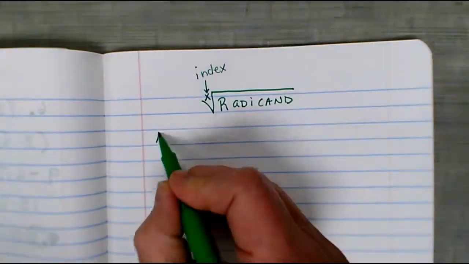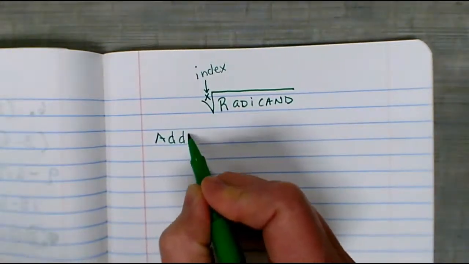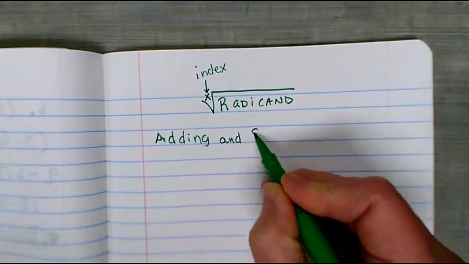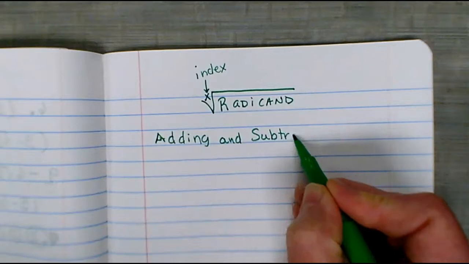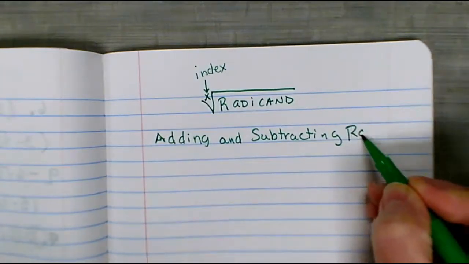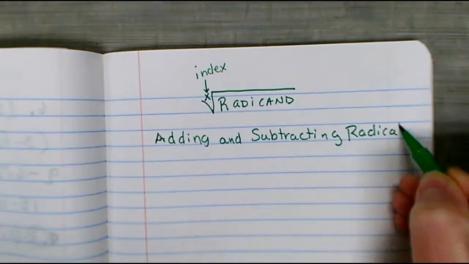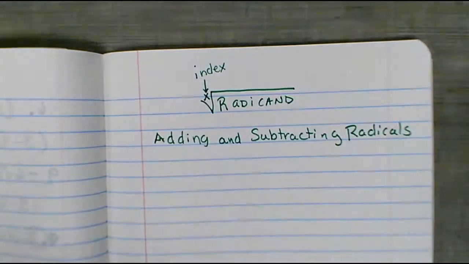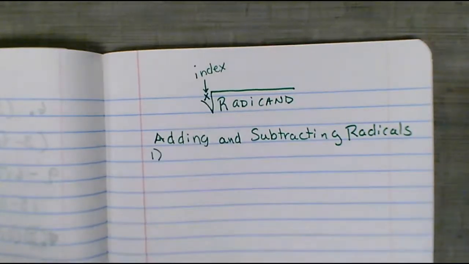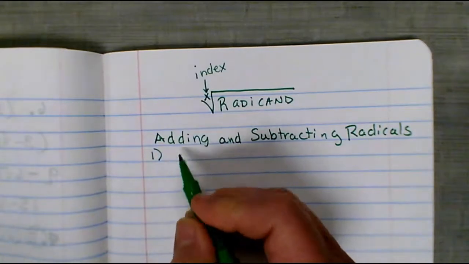And we are going to look at adding and subtracting radicals. To add or subtract radicals, they must be like terms. First of all, they must have the same index.